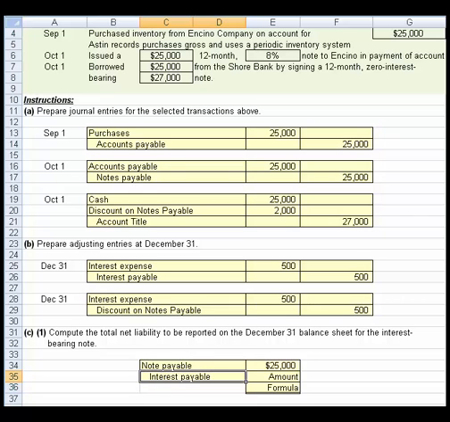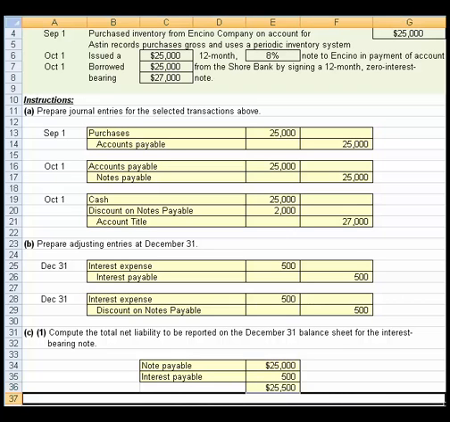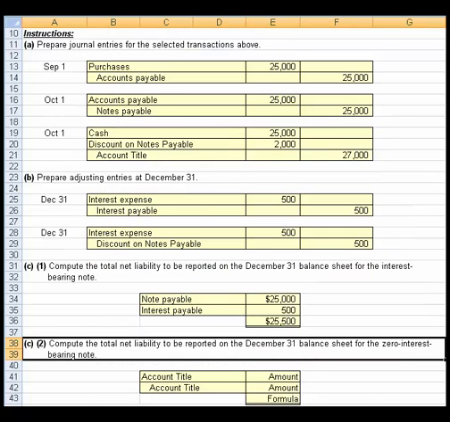And I'm going to move that back. And the interest payable would be equal to what we recorded, $500. So if we sum those, we get the amount of liability related to these transactions on the balance sheet.